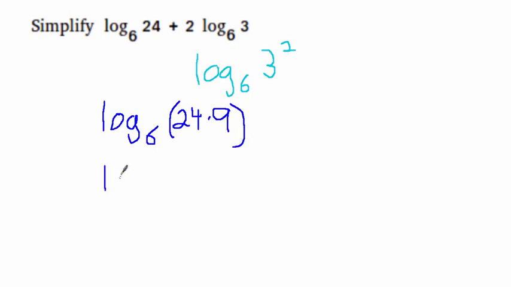That happens to be 216. And 216 is on our table that we had of all the powers. For 6, 6 cubed is 216. So the log base 6 of 216 is 3. We don't see that here, but it simplifies to 3.